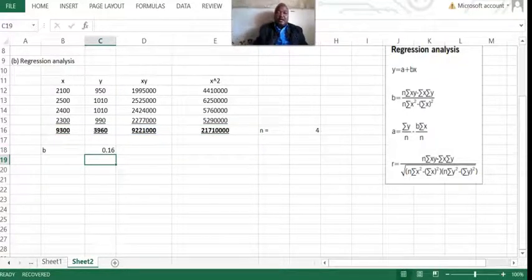We get 0.16. Okay, that's fine. We are sure now that we are right on track.